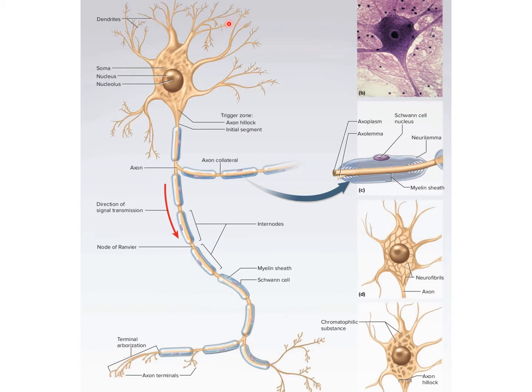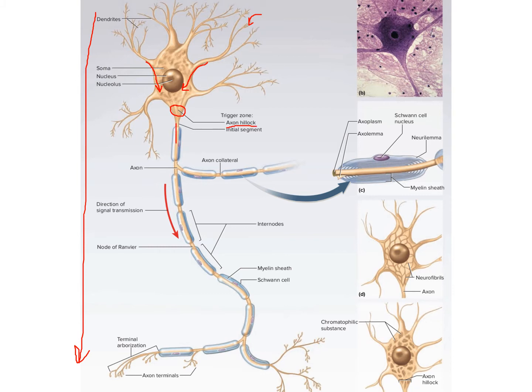So the way this information would be transmitted is like that. So we have a unidirectional transmission of the information. The dendrites would receive information, would then pass it on into the soma. Information from the different dendrites, either positive or negative, will be integrated at the area of the axon hillock.